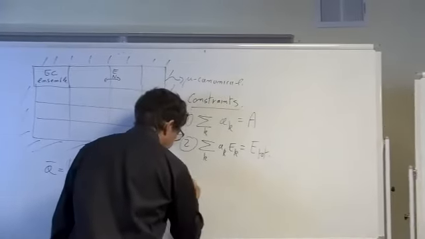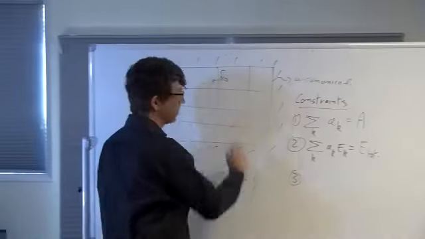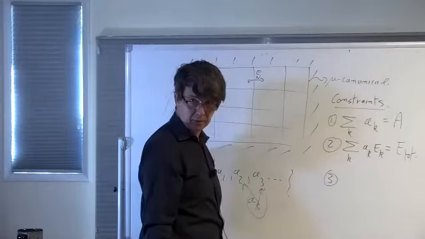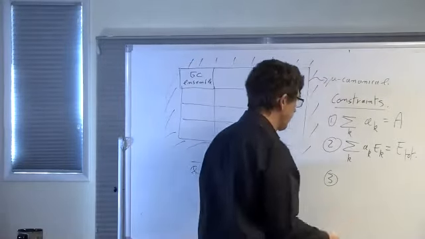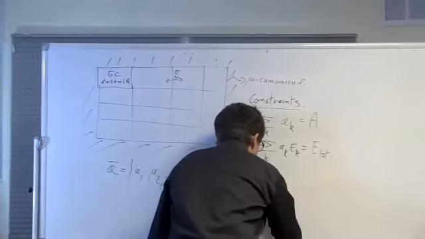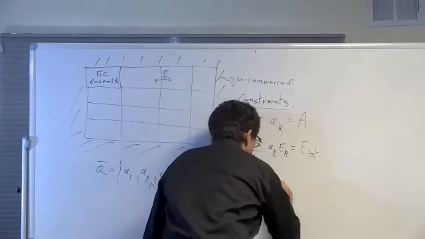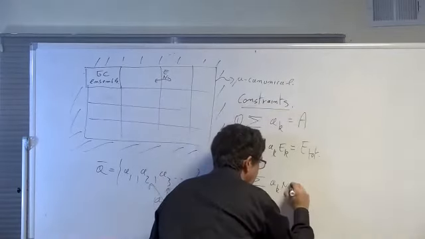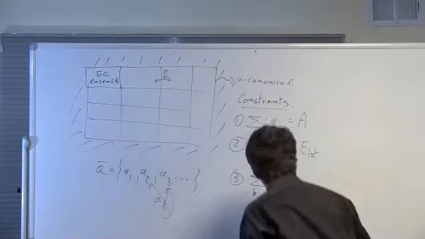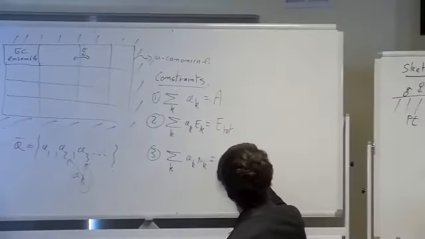But now I have a third constraint, right? Because the particles can fluctuate in each ensemble, in each replica. So now I also sum over K of A_K N_K, which is equal to N total.